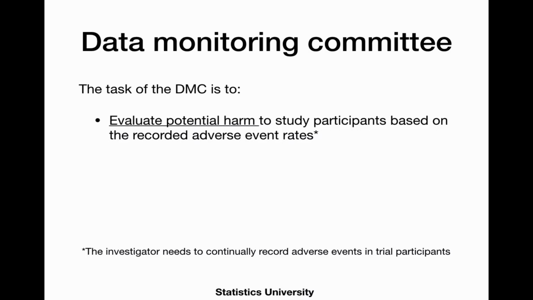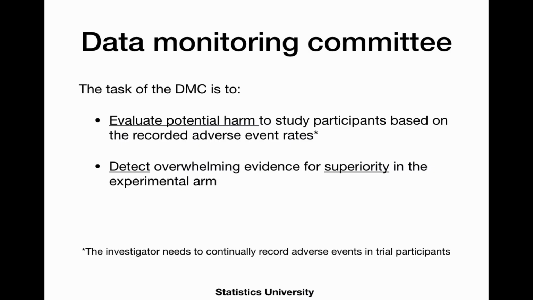And the investigator needs to continually record adverse events in trial participants, and those records can be reviewed by the DMC. Another task is to detect overwhelming evidence for superiority in the experimental arm, and the last task is to detect futility of the experimental therapy.